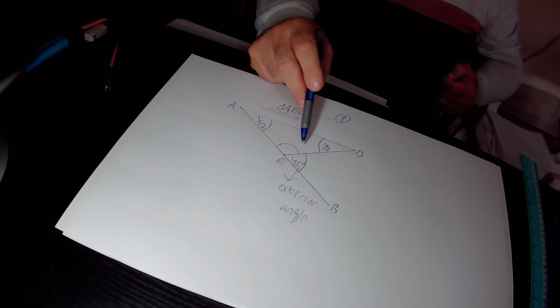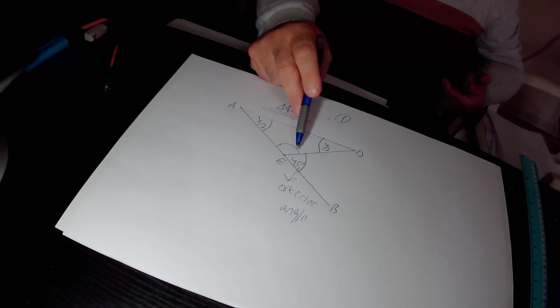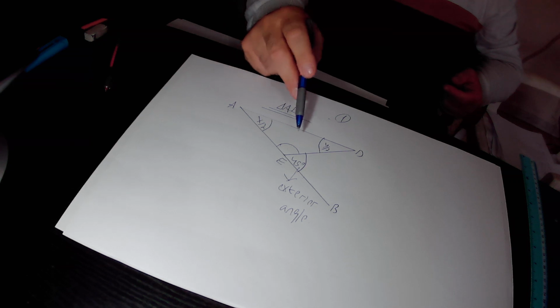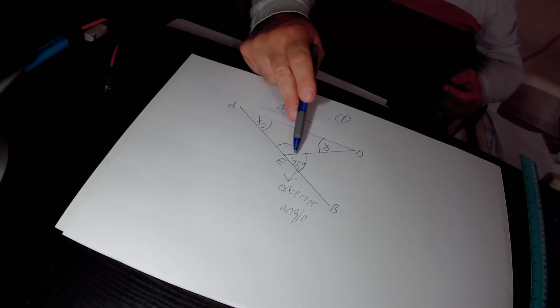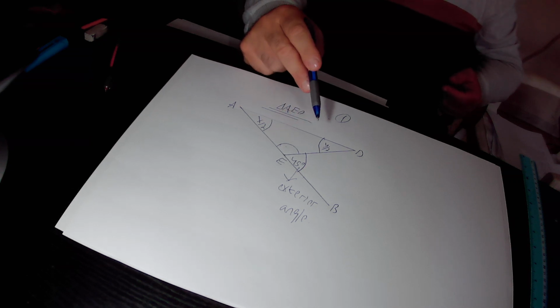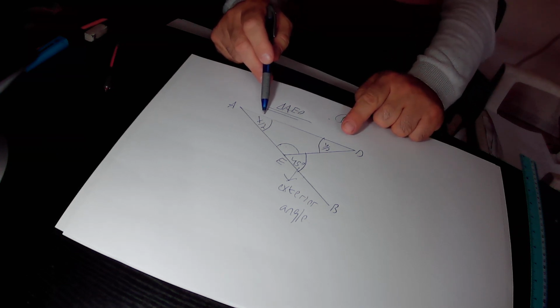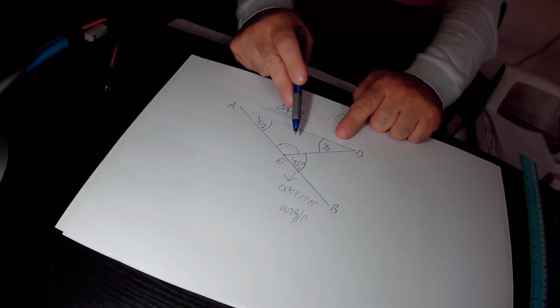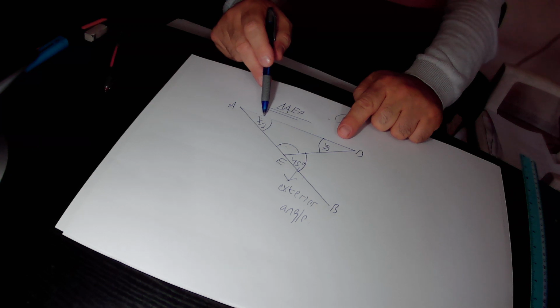According to rule 4, the size of the exterior angle DEB equals the sum of the two interior angles that are not adjacent to it. This angle is adjacent to this angle, and therefore the two other interior angles that are not adjacent to it are x over 2 and y over 2. So the size of angle DEB equals x over 2 plus y over 2.